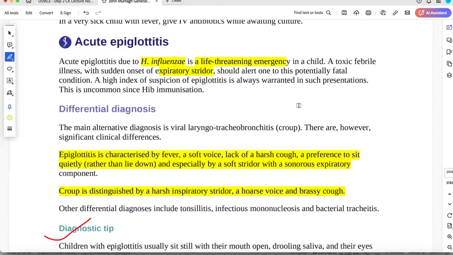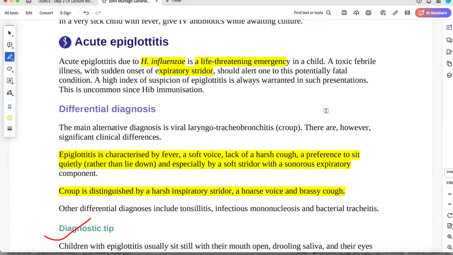Acute epiglottitis. Acute epiglottitis is caused by Haemophilus influenzae. Tell me if Haemophilus influenzae is a virus or bacteria. What do you think? It's a bacteria, right? Yes. So no, it's not viral. Remember it's a common mistake.